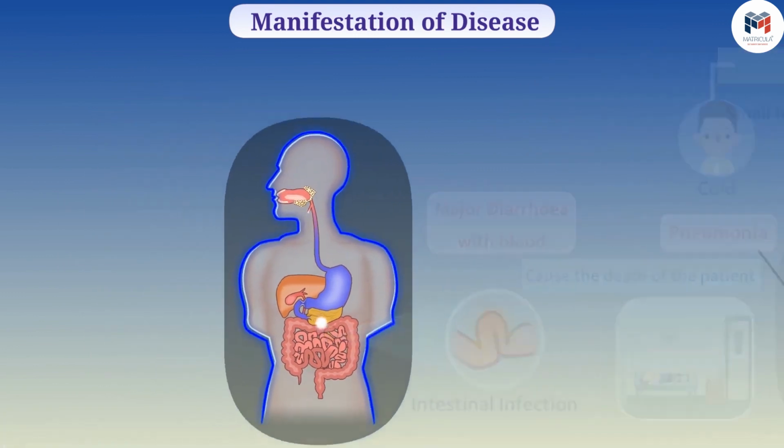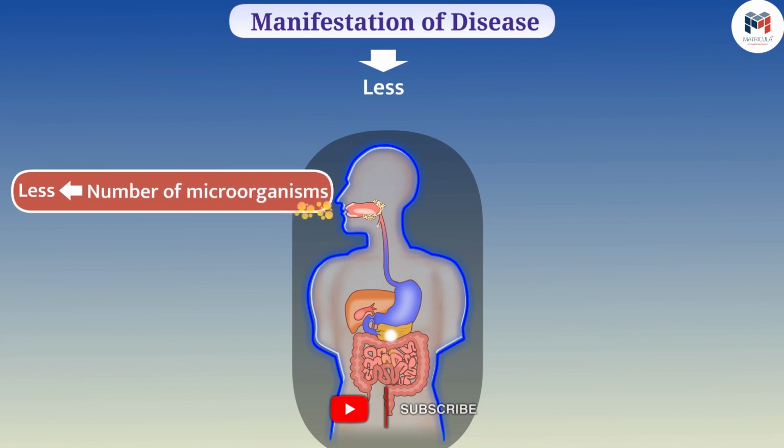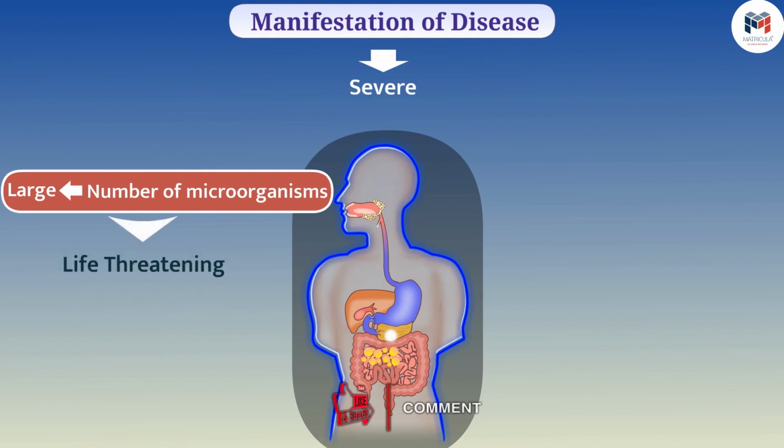We should keep in mind that when the number of microorganisms entering the body is less, then the manifestation of disease will be less. And if the number of microorganisms entering the body is large, then the disease can be severe and it can be life-threatening.